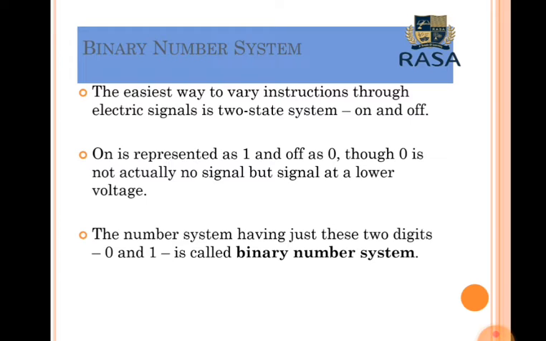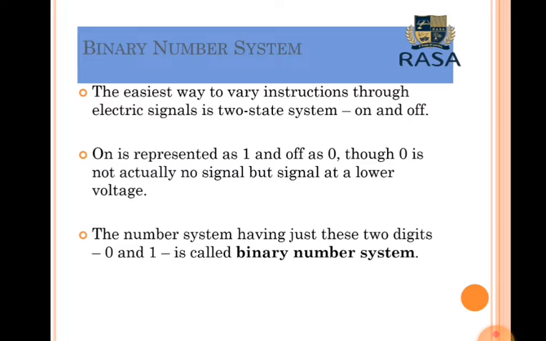The easiest way to vary instruction through electric signals is a two-state system, on and off. On is represented as 1 and off is represented as 0.